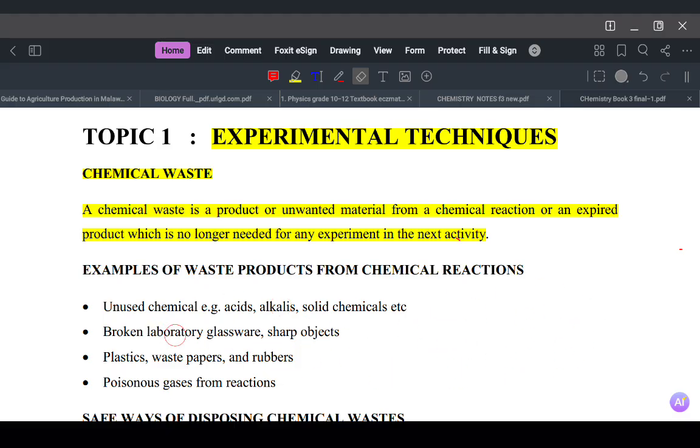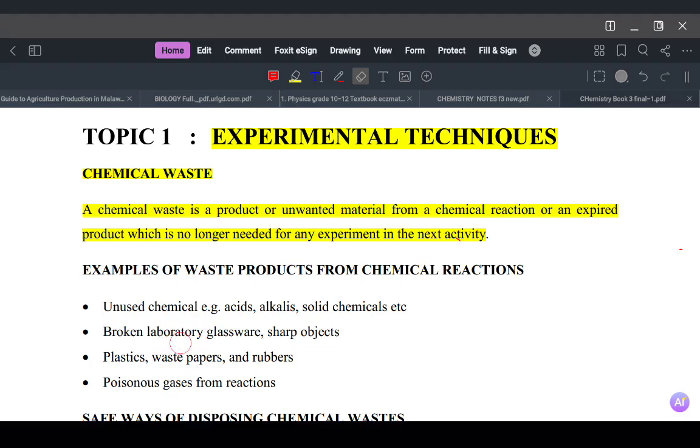Broken laboratory glassware: sometimes you can accidentally drop a glassware such as a test tube, which shatters into pieces. If not properly handled, these can cause injury, so they are considered to be wastes. Let's suppose you dropped a thermometer which is made of glass. If it's not properly handled, it becomes a chemical waste.